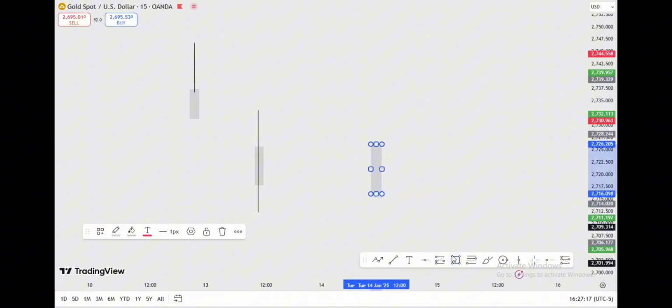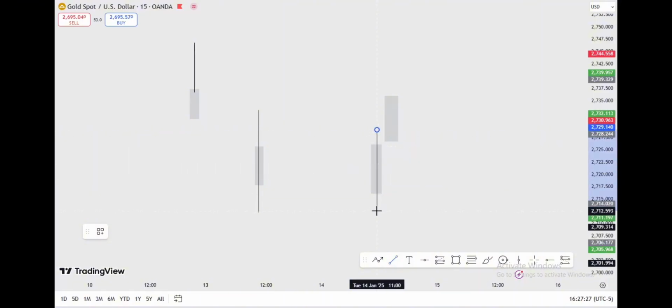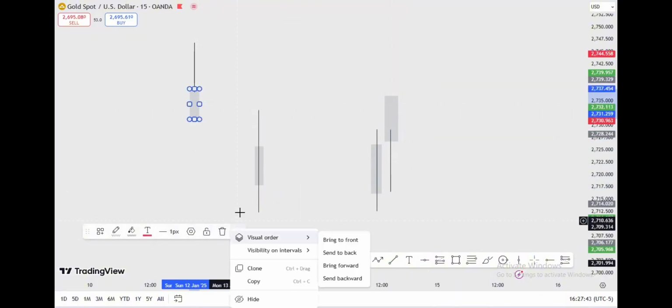So last. All right, so this is a breaker block you guys are already familiar with.